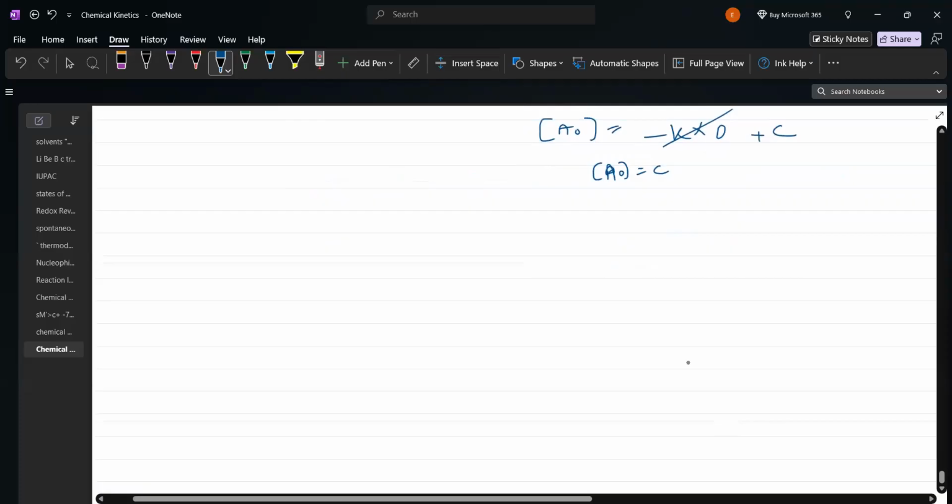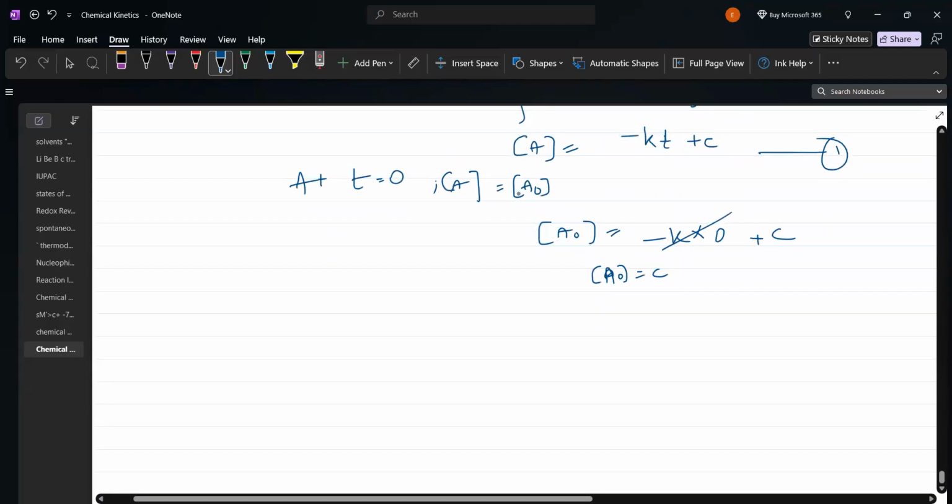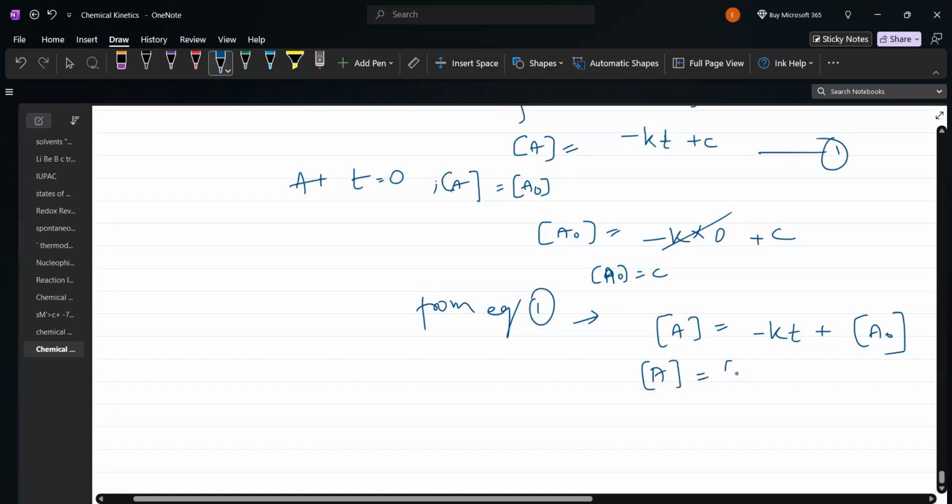Are you getting this? Yes, sir. Now, this is the main equation, equation 1. We want to get the value of C. That is why we had to go through this step, and we have put C as A naught. We can write the proper way as A equals A naught minus KT.